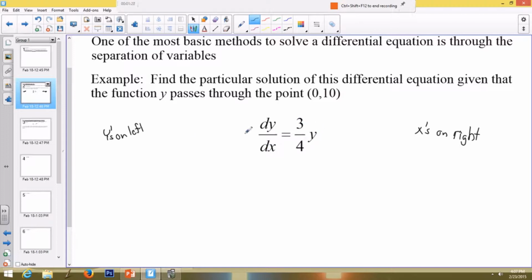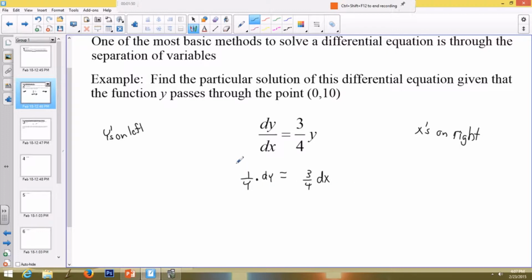So to move the y's to the left, I have to divide both sides. So I'm going to get 1 over y times the differential of y is equal to 3/4 dx. So now I have all of my x's on the right hand side and all of my y's on the left hand side.